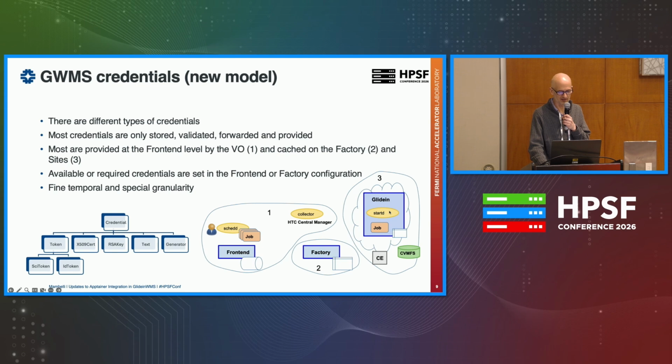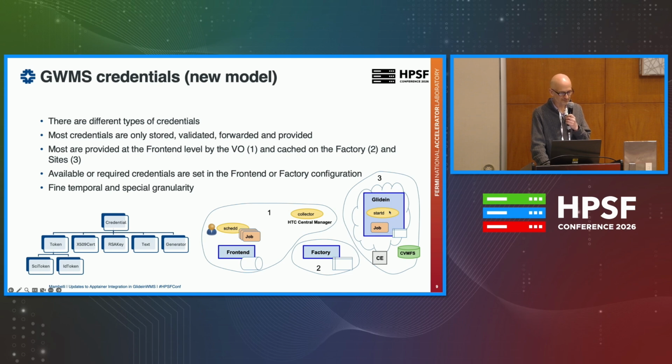The front end and the dynamic pool are managed by the experiments, by the VO. They are cached in the factory, which is managed by operators and a lot of the time is shared. And then they are used to access the sites and also cached at the sites, so that they can be used by the jobs when they run, or by the Glidein for services for multiple jobs.